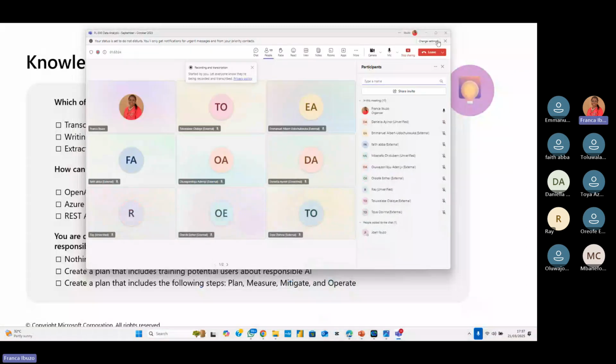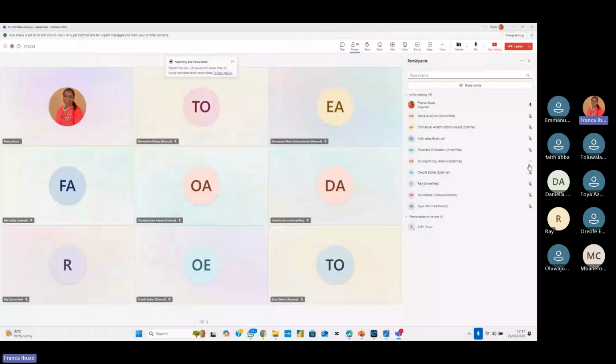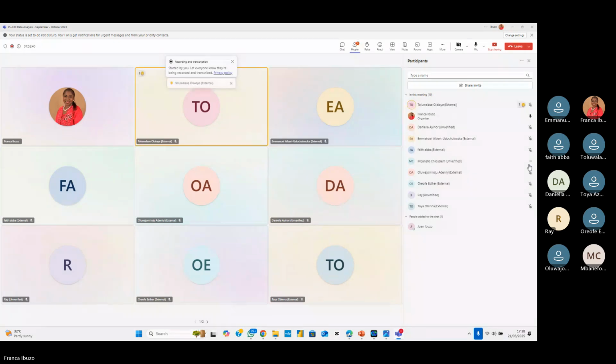Okay, can I see those that have gotten to project 7? Please put up your hands if you've gotten to project 7. Only one person, Tolu Alashe. So only one person is on project 7 now. We have other projects coming up.